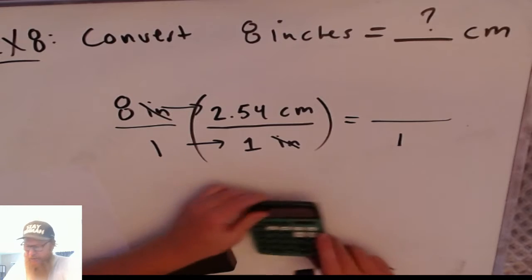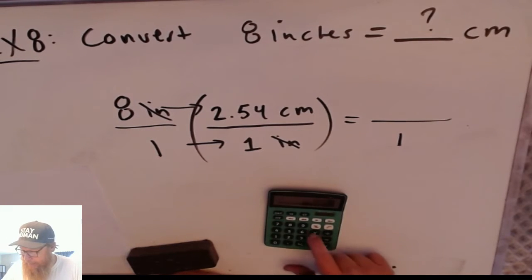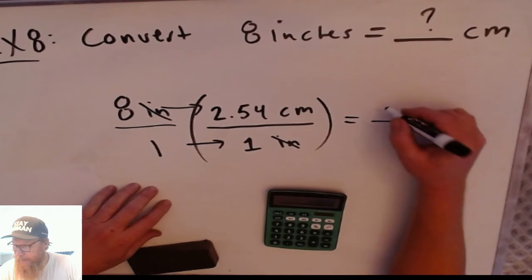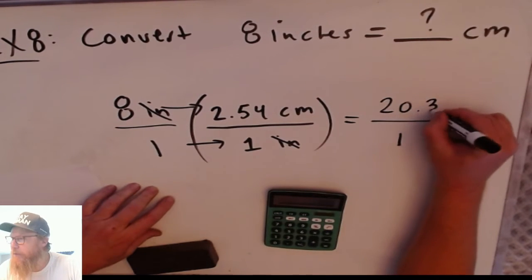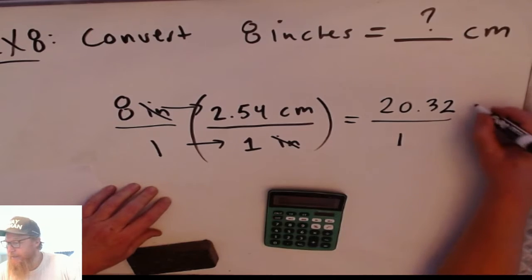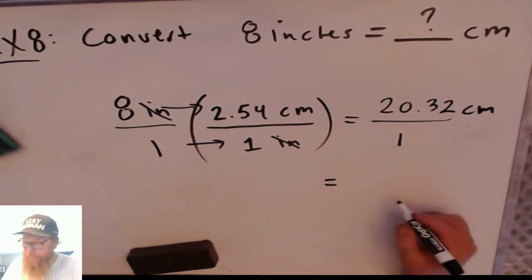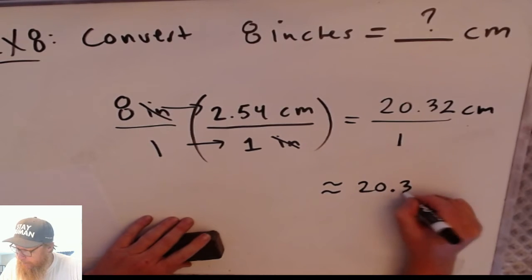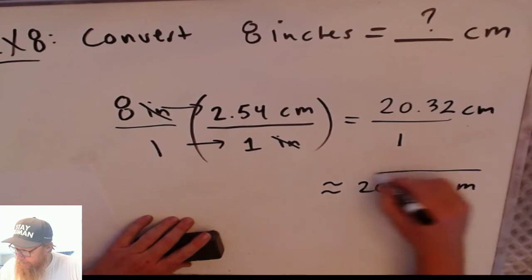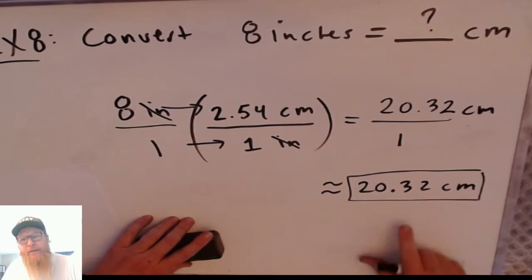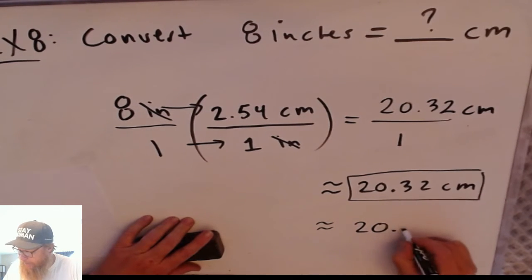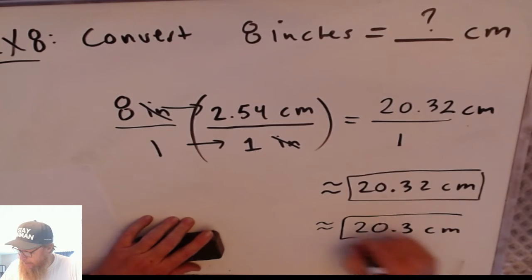So 8 times 2.54, 8 times 2.54 is 20.32 centimeters. And this is actually an approximation. So it's approximately that, or you could round it to 1 decimal place.